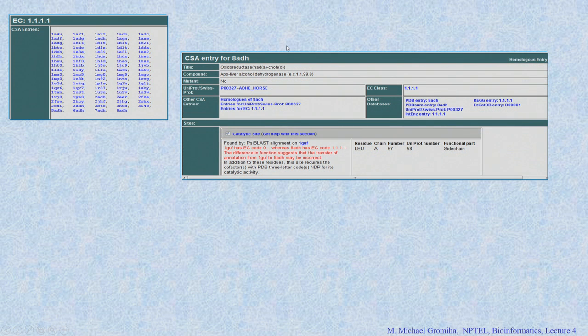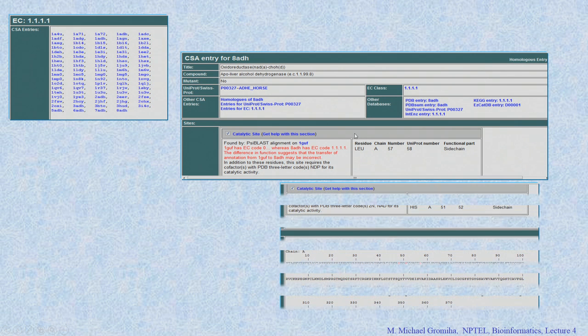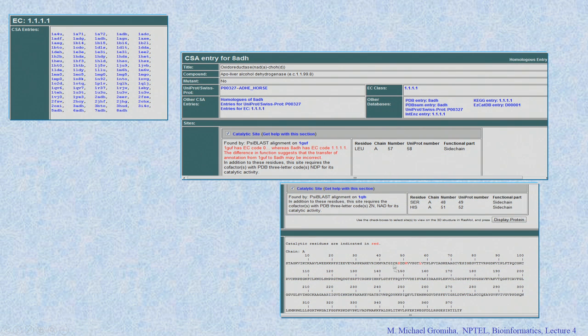So, here we can see the different codes, and if you select any of these codes, say 1.7.1. Then here, this is for 8 ADH, this is oxidoreductase, and they give you the numbers of the functionally important residues such as catalytic site residues. Now, if you go here you can see some letters in red. So, you can see this serine, this histidine and this leucine.